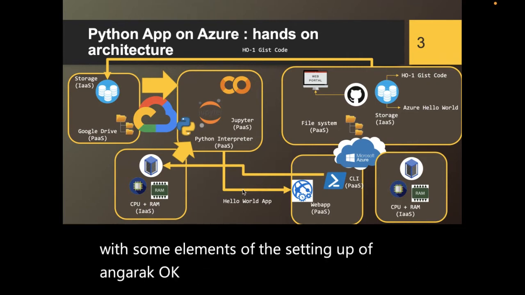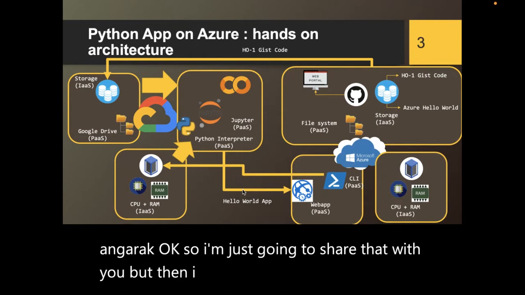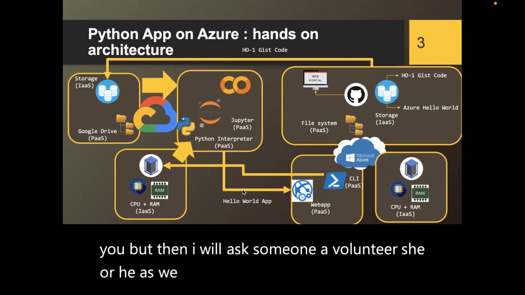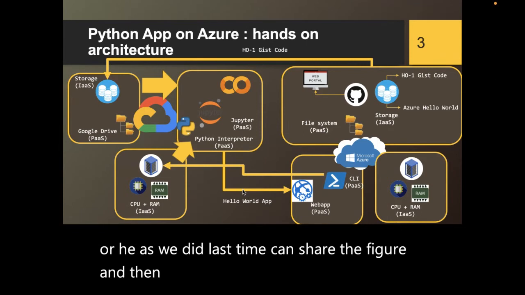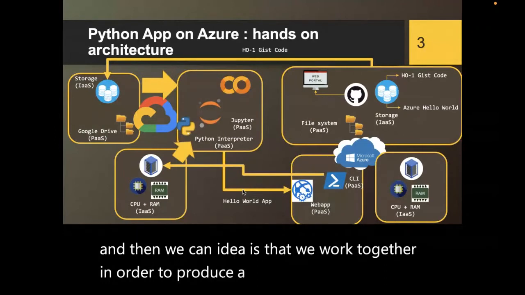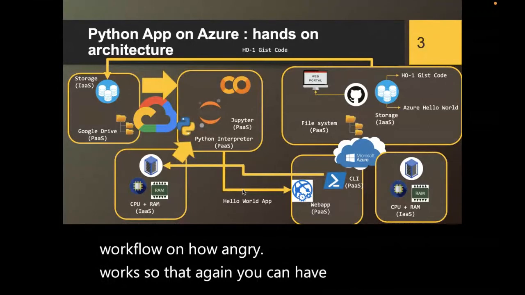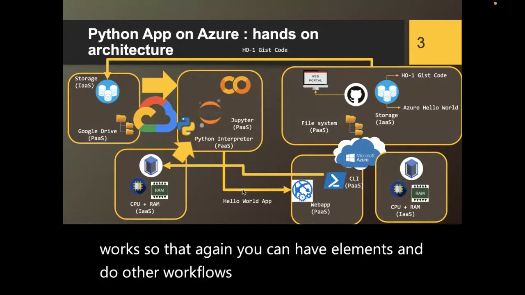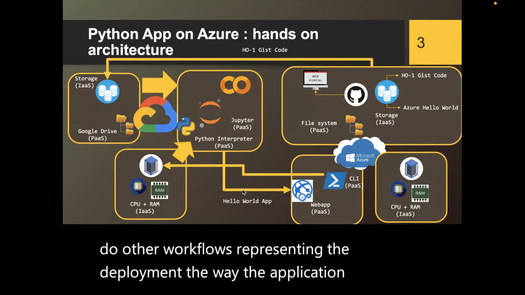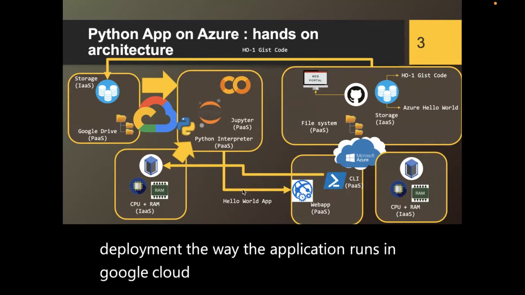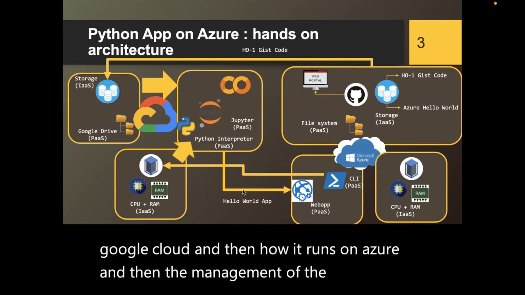I'm just going to share that with you, but then I will ask a volunteer, as we did last time, to share the figure, and the idea is that we work together to produce a first workflow on how ngrok works, so that you can have elements to do other workflows representing the deployment, the way the application runs in Google Cloud, and then how it runs on Azure, and then the management of the application.